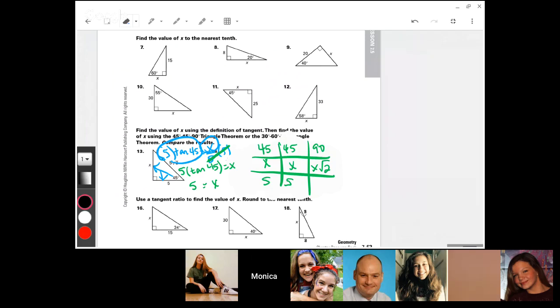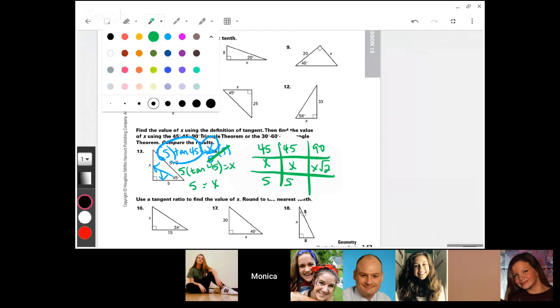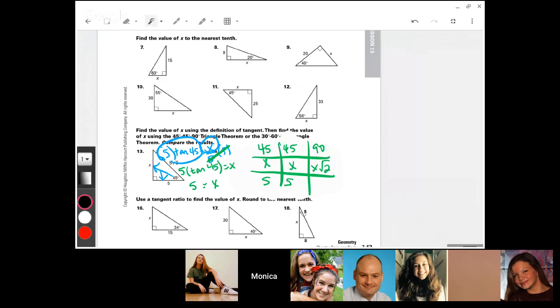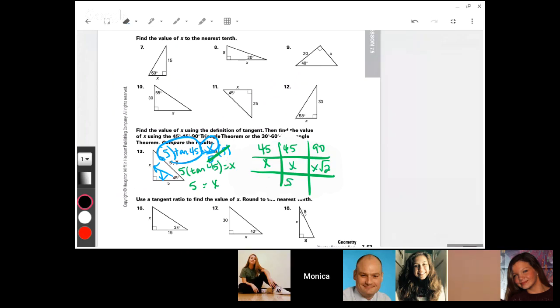All right, so when we did our 45, 45, 90, let's see. When we look at the sides that we have, I'm going to erase all this mess.